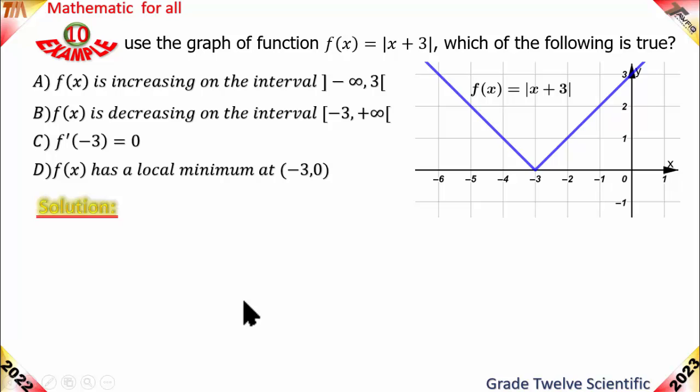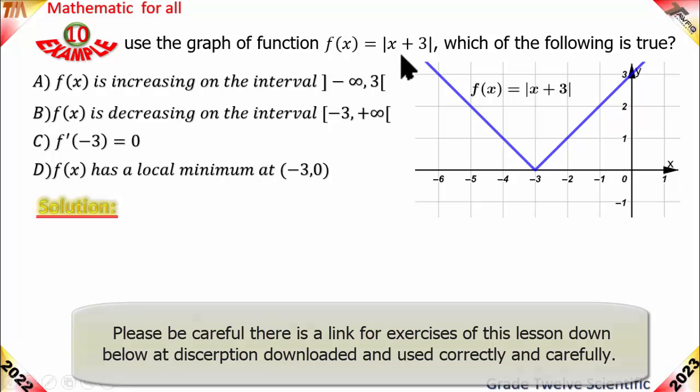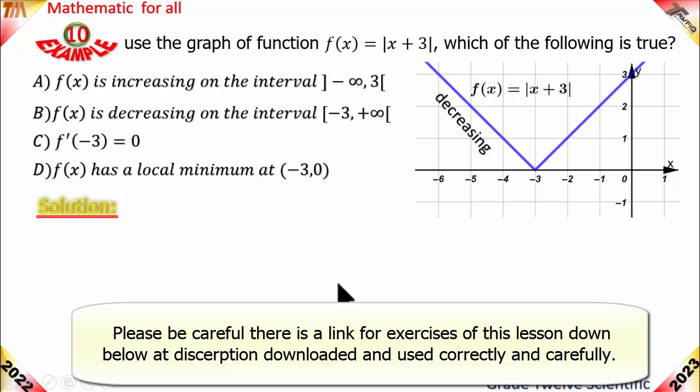And now use the graph of the function f of x is equal to the absolute value of x plus 3. Which of the following is true? First of all, you can see the function from minus infinity to minus 3 is decreasing, and from minus 3 to positive infinity is increasing.